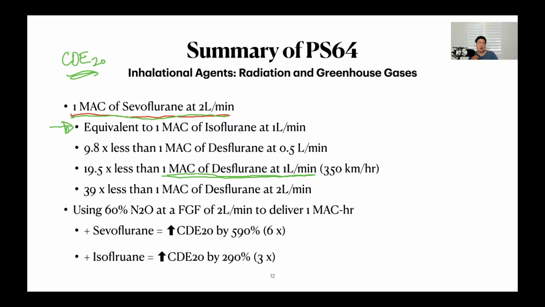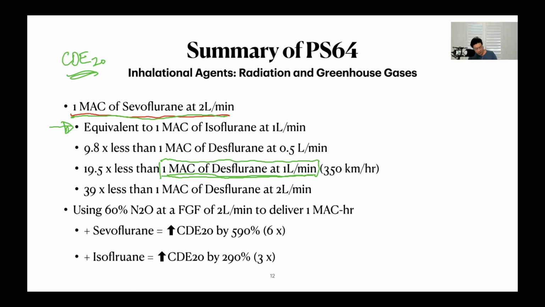The number quoted is that it's 19.5 times more than 1 Mac of sevoflurane at 2 liters per minute. In other words, 1 Mac of desflurane is 20 times more than 1 Mac of sevoflurane at 2 liters per minute. Okay, so if you were running your 6% of desflurane at 1 liter per minute, you would produce 20 times more carbon dioxide equivalents than if you were to run 1 Mac of sevo at 2 liters per minute.